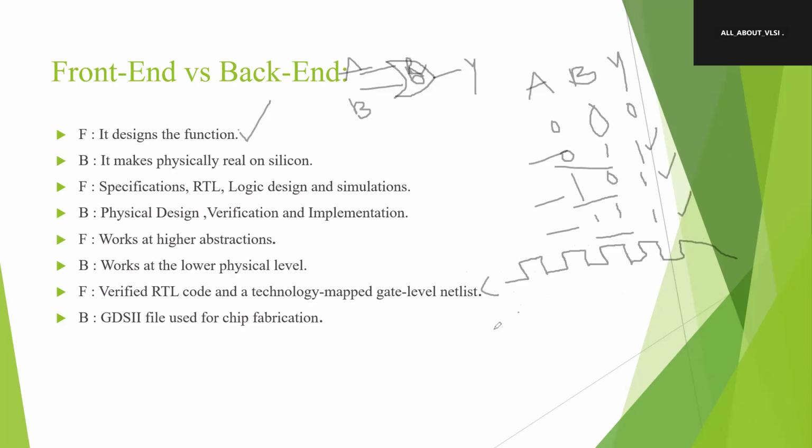A, B, and Y are my signals, right? What is the first input of A? 0, right? Up to this position A is 0 and B also 0, so in this case we are getting output as 0.